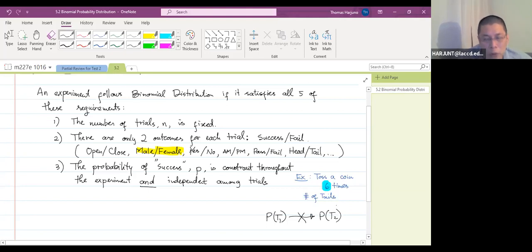Just imagine if you toss a coin and you get a tail right now, does it tell you anything about what will happen in the next toss? No, it doesn't. That's why we say among all trials, the outcome of any trial is independent of the outcome of any other trial. Knowing the outcome of the first trial doesn't tell us anything about the probability of the outcome in the second trial and others.